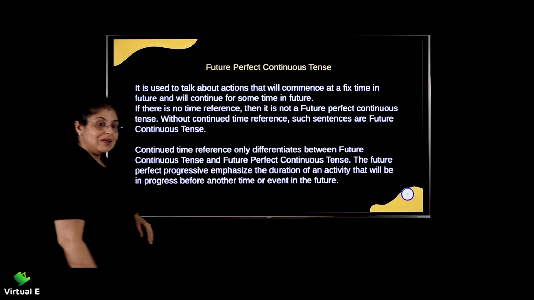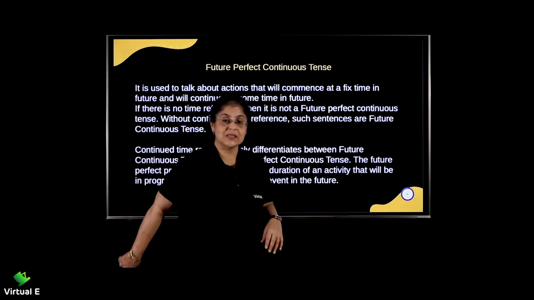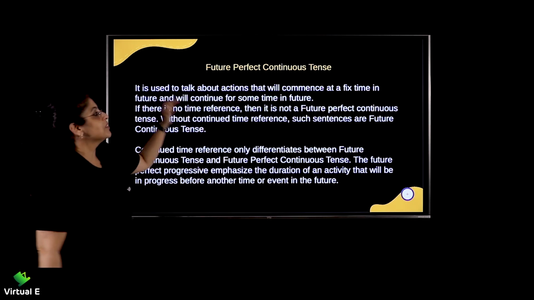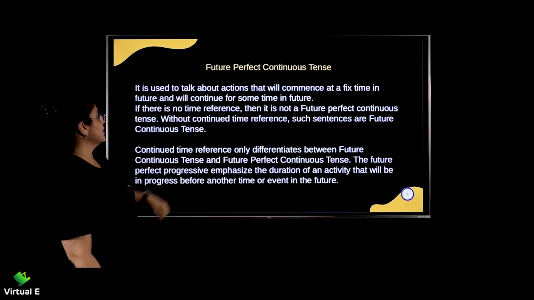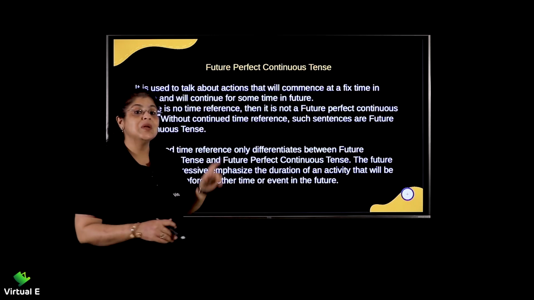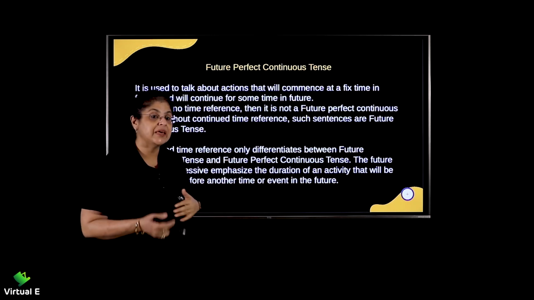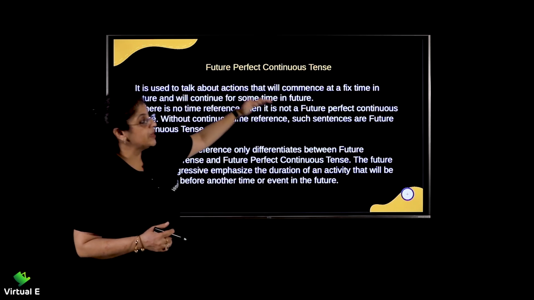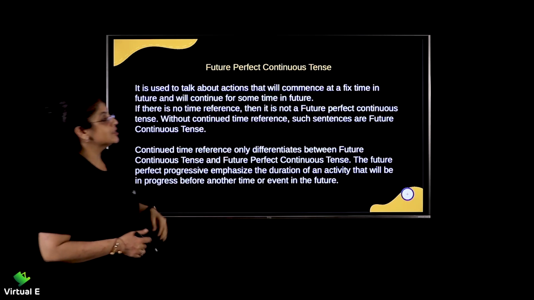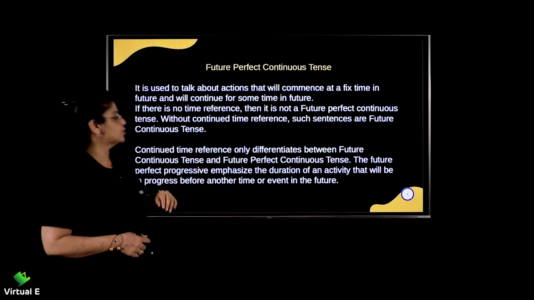Now, the very last tense. Yes, thank God, right? I can hear that. So, future perfect continuous tense. It is used to talk about actions that will commence, commence means begin, at a fixed time in the future and will continue for some time in the future.